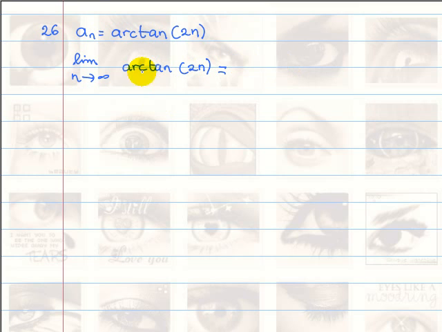And this is again by continuity of arctangent, it is equal to the arctan of the limit as n approaches infinity of 2n.